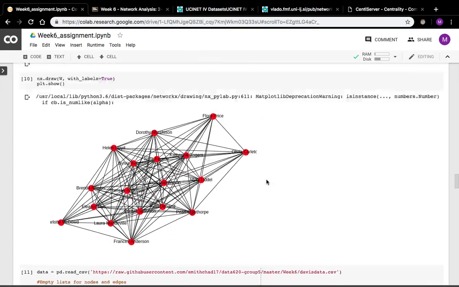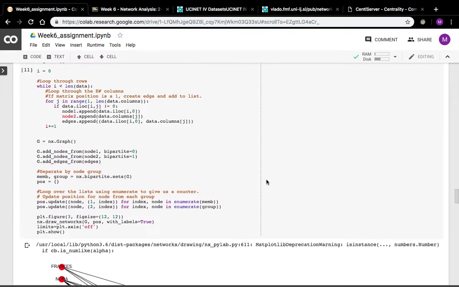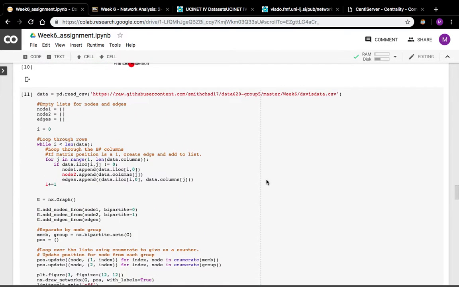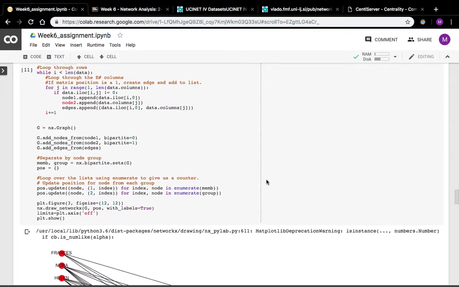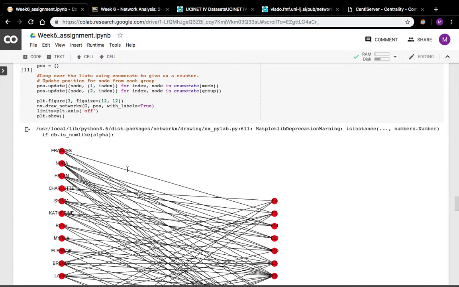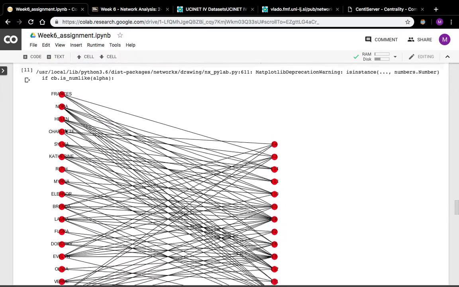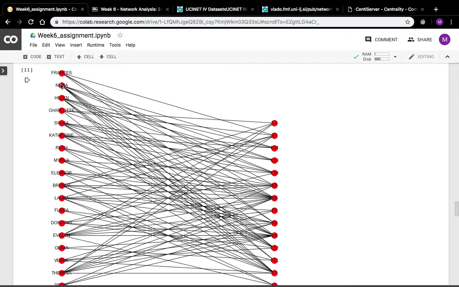We also cleaned this data up and put it into GitHub, so it would be really clear to analyze. We created a graph from it, looped over the lists to get a counter, and created this graph that has all of the women on one side and all of the events on the other side.